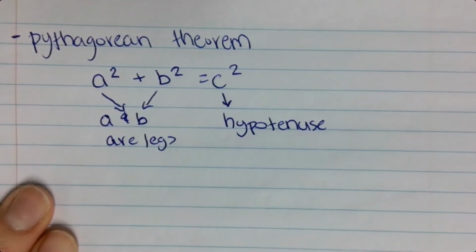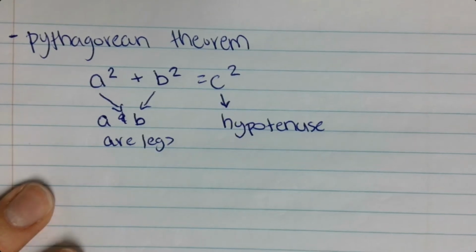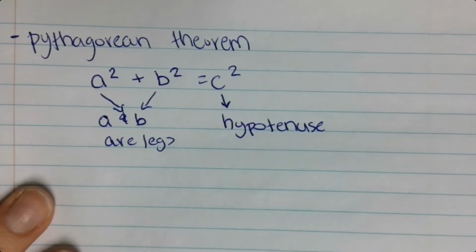A and B are legs, C is the hypotenuse. So I square the side of A, I square the side of B, and I get C.